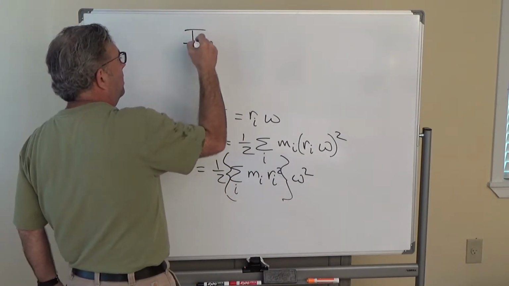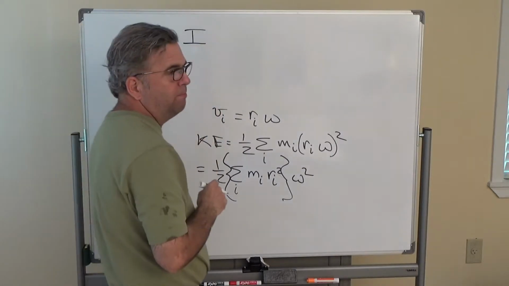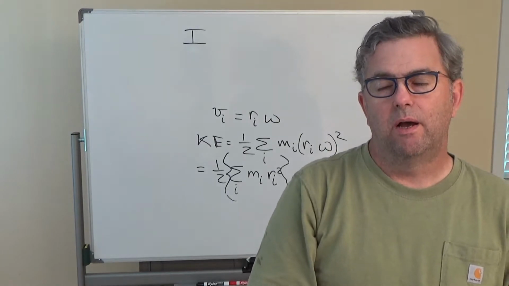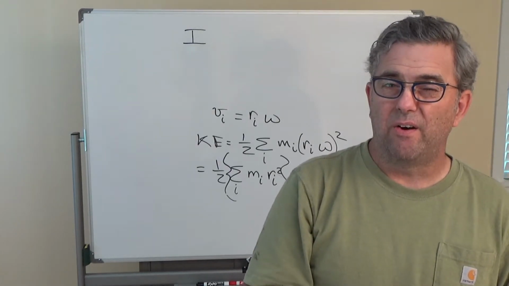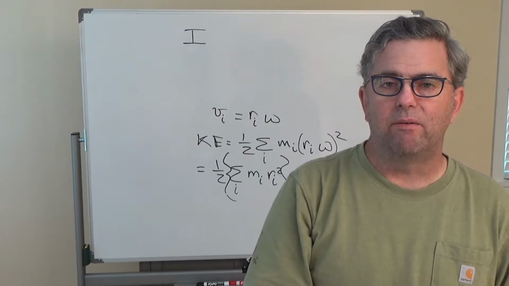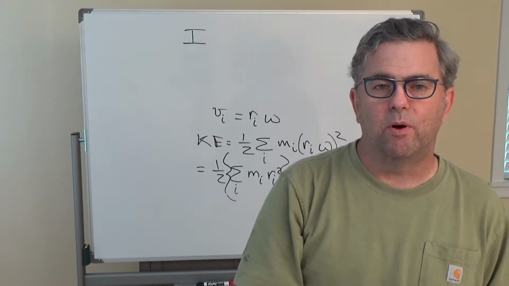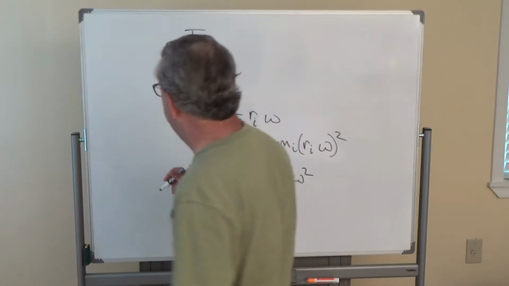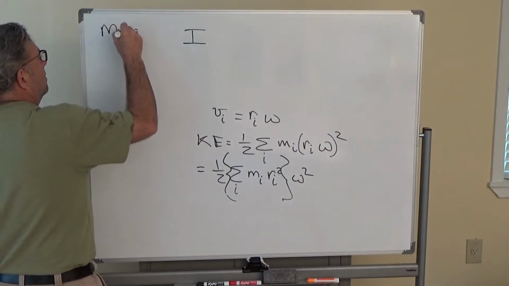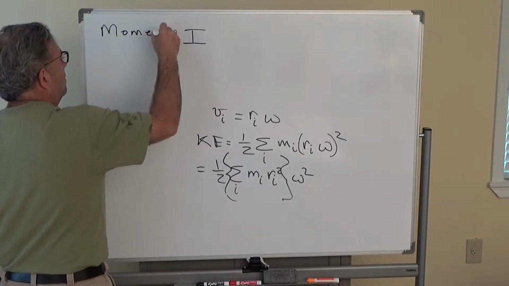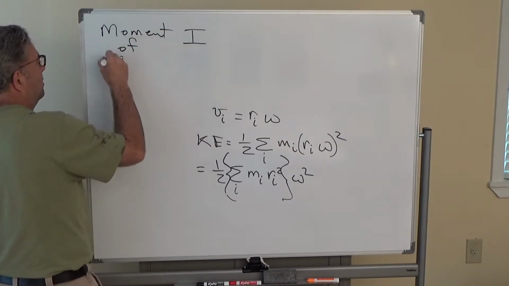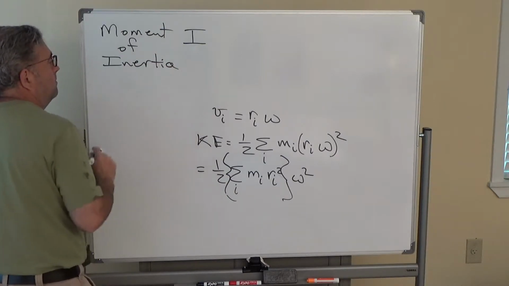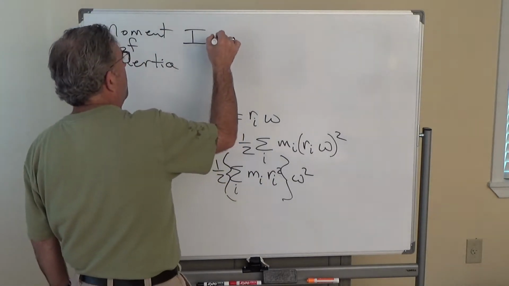It's typically given the letter I. Remember when I was talking about impulse, I used the letter I, and I mentioned I don't use it often for impulse because typically we use it for moment of inertia. It's just a name, but that's what everybody calls it.